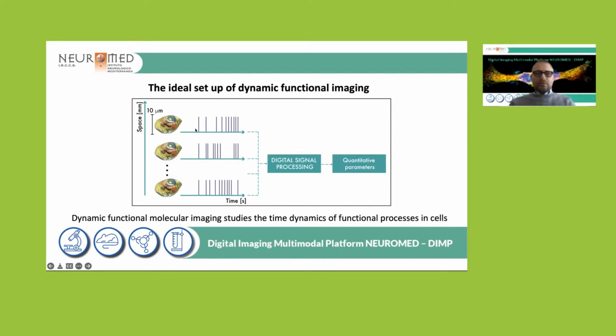And each cell will send us a sequence of such spikes in time. We can make some very nice digital signal processing and extract quantitative parameters. This is, so to say, maybe the theoretical and the best ideal functional imaging technology. So it studies the time dynamics of functional processes in space-distributed cells.